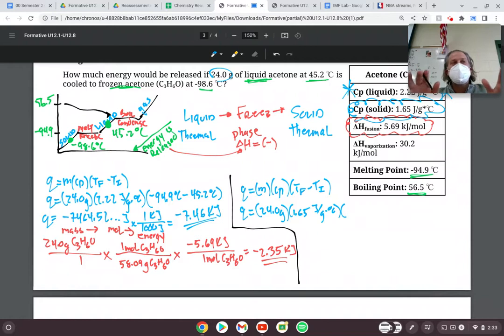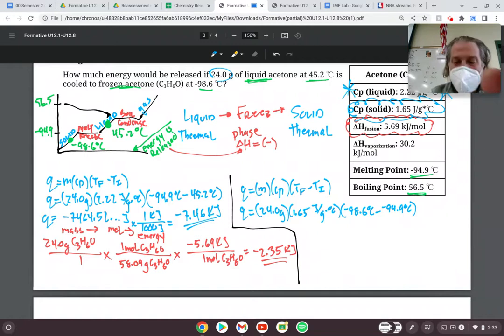And my TF is going to be my final destination here, which is going to be negative 98.6 degrees Celsius minus negative 94.9 degrees Celsius. So when I plug this into my calculator, I get 24 times 1.65 times negative 98.6 minus negative 94.9.